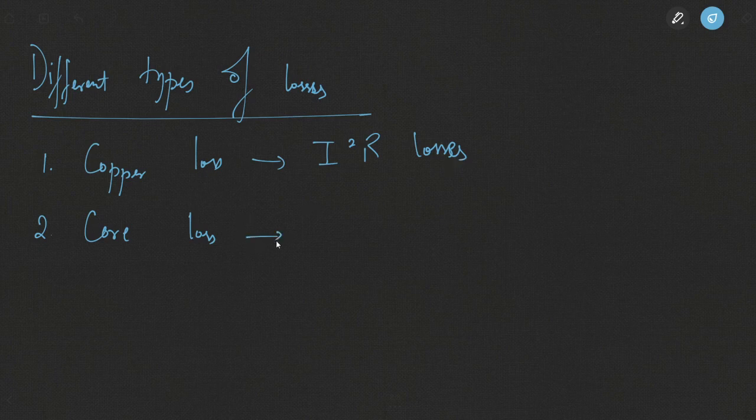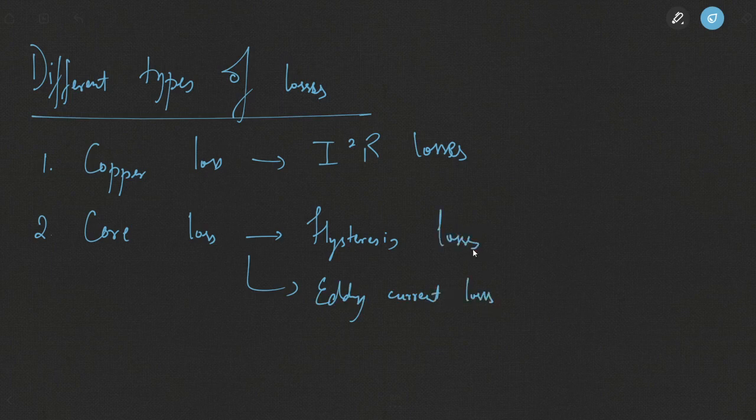Apart from this, you have the core losses. Core losses are composed of two different types of losses: the hysteresis losses and the eddy current losses. We'll be studying these hysteresis losses and eddy current losses in detail. And thirdly, you have other types of losses in the system.